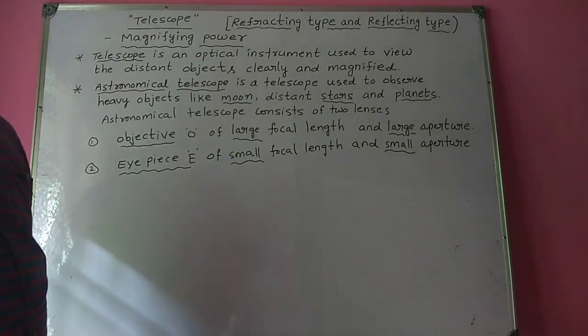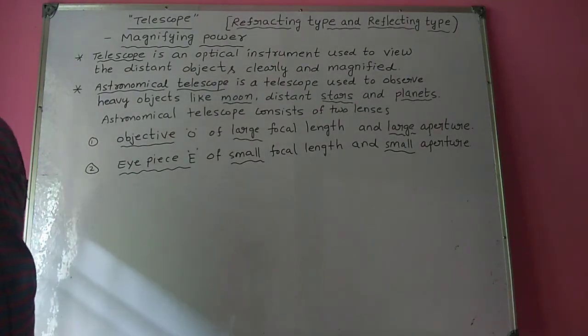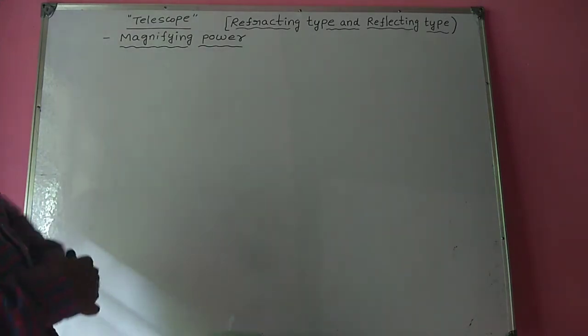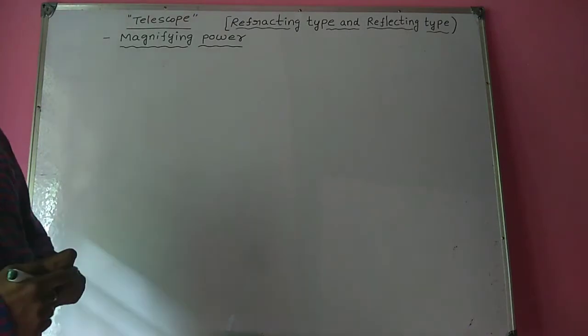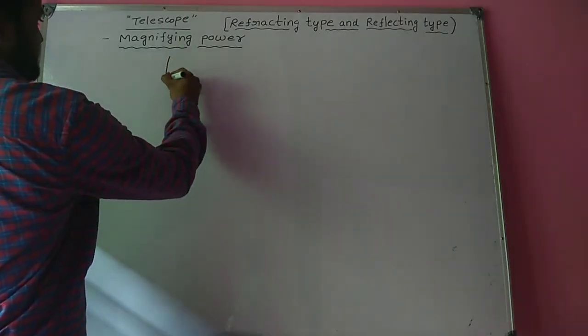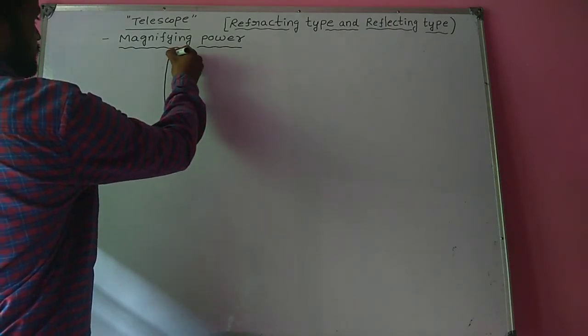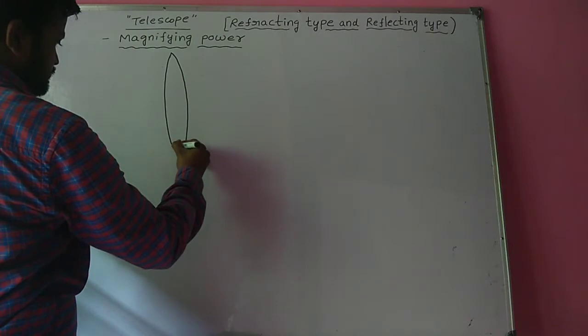Now let us draw the ray diagram for the image formation by the telescope and determine the expression for the magnifying power. So it is the objective.